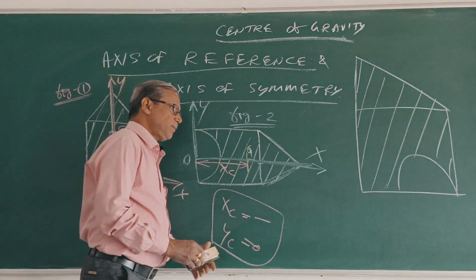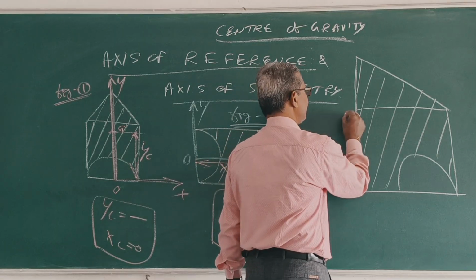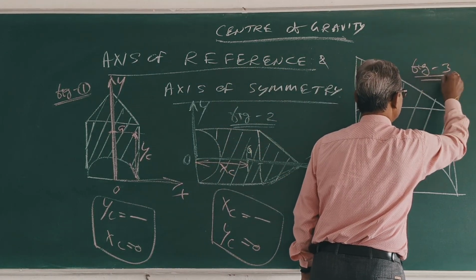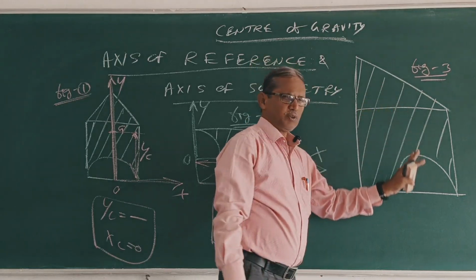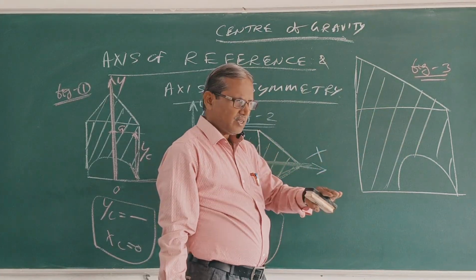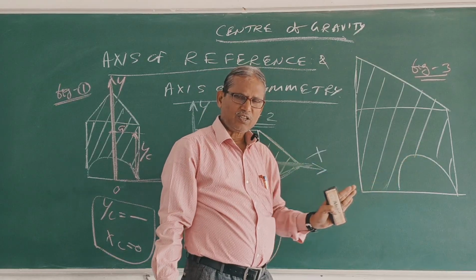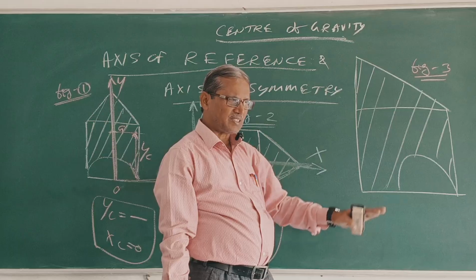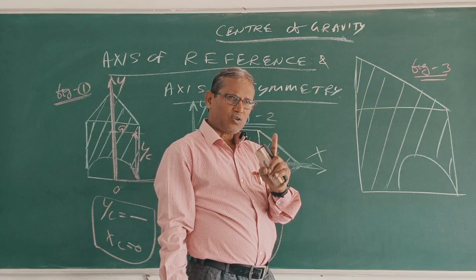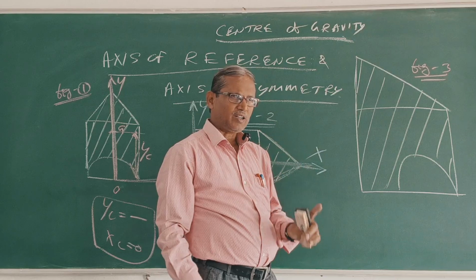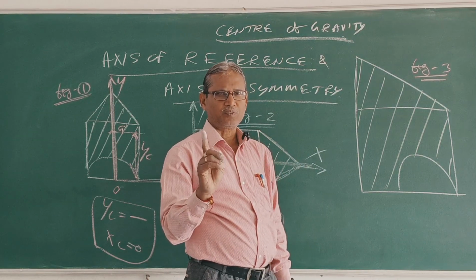But in figure 3, this figure is not symmetric about any axis. Neither symmetric about the x-axis nor about the y-axis. So in this case, you always try to keep the figure in the first quadrant, because in the first quadrant both x and y are positive. Clear?